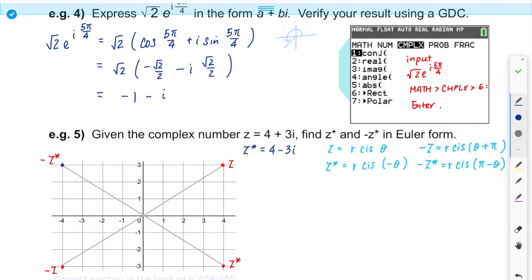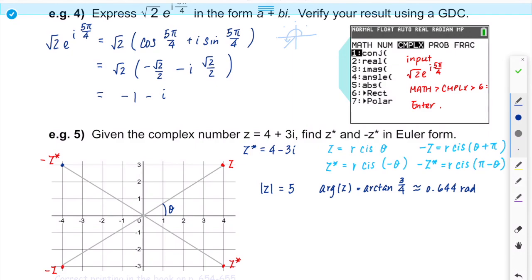If we operate in Euler's form, then the magnitude of z is obviously 5, because of the 3, 4, 5 triangle, Pythagorean theorem. And its argument is arctan 3/4, which is this theta here. This works out to approximately 0.644 radians, rounded to 3 significant figures.